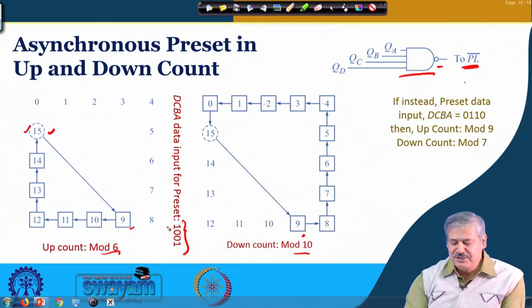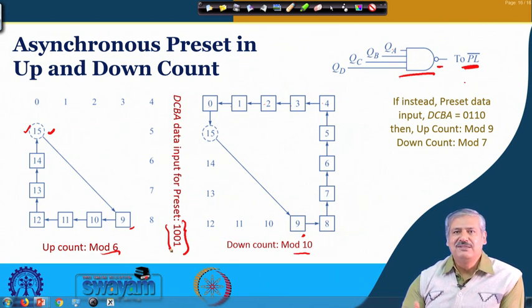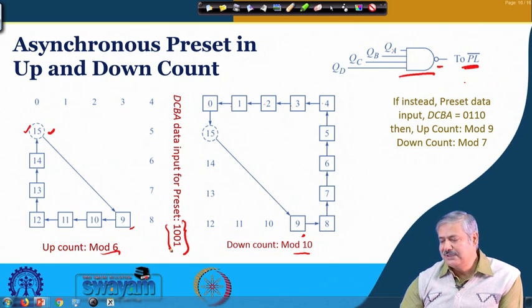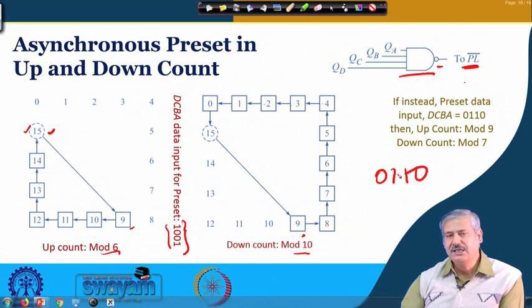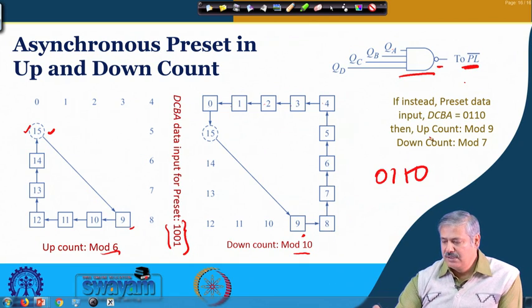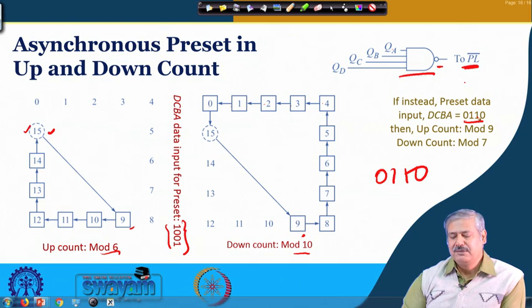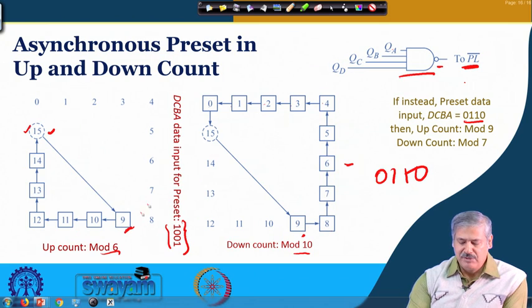Now, instead of 1, 0, 0, 1, you could have loaded any other value, and in up count mode and down count mode, there could have been different modulo numbers available depending on your requirement. So, if instead of 1, 0, 0, 1 you are loading, say, 0, 1, 1, 0, then what will happen? Instead of 9, you are loading 6.